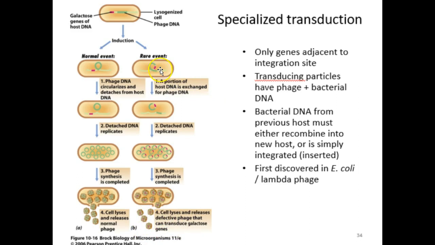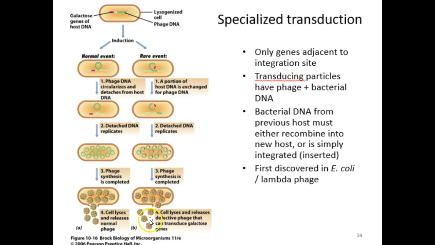And we can track that in red. That red bit is a host gene. Because it was located right next to the prophage, and only because it was located right next to the prophage, that bit of bacterial DNA was integrated into the new phage genomes, packaged up and released.